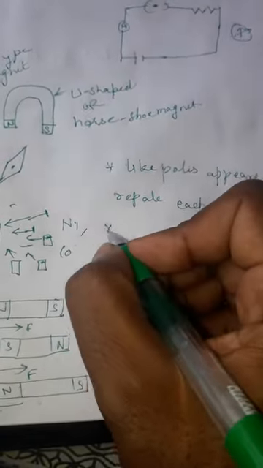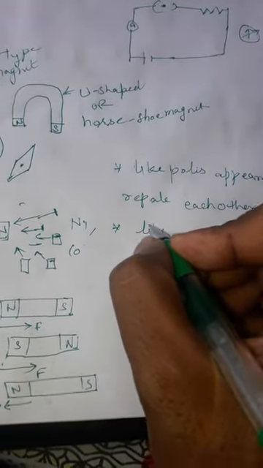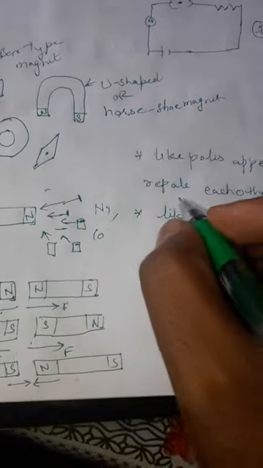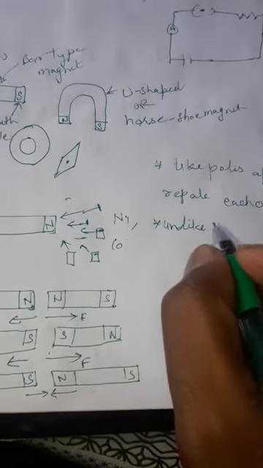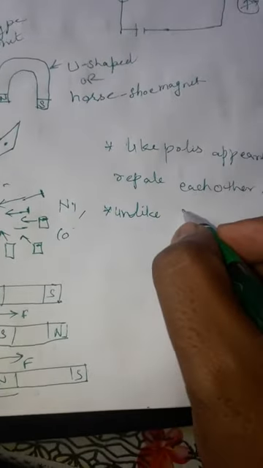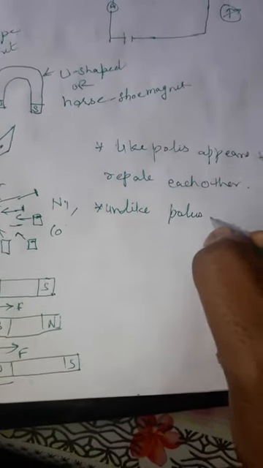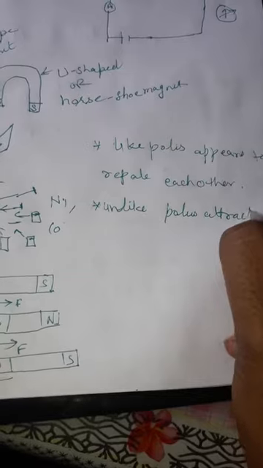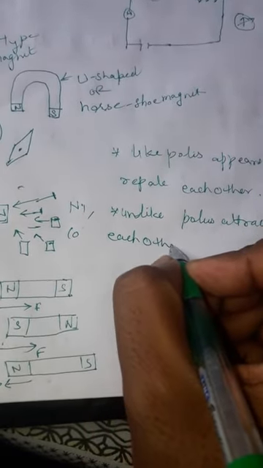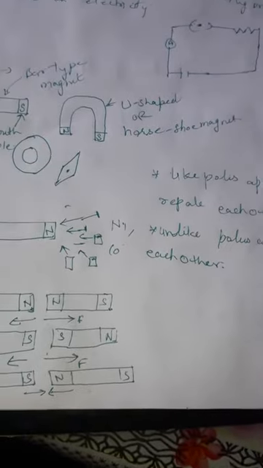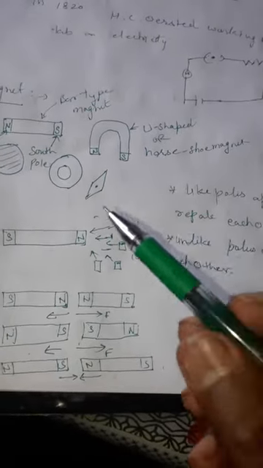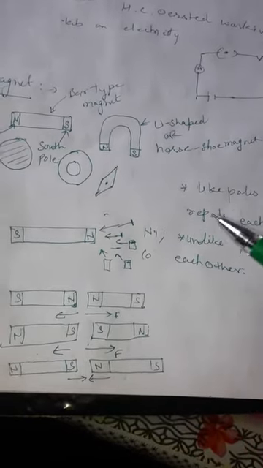Unlike poles, meaning opposite poles, that is south and north, attract each other. This is the property of magnets or magnetic materials.